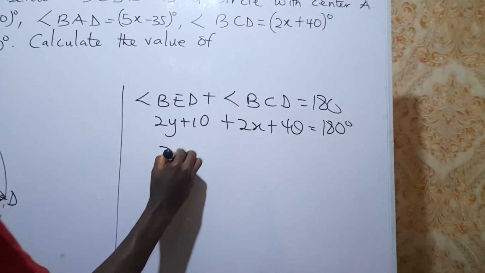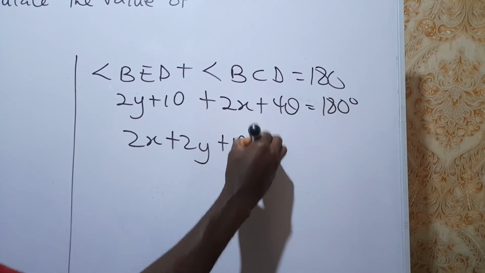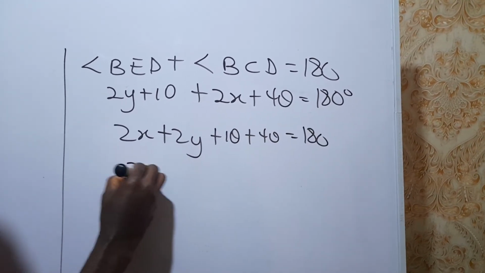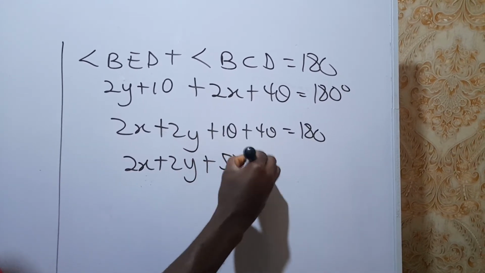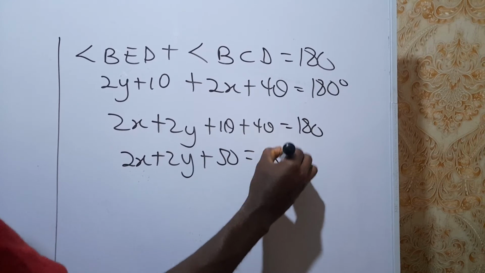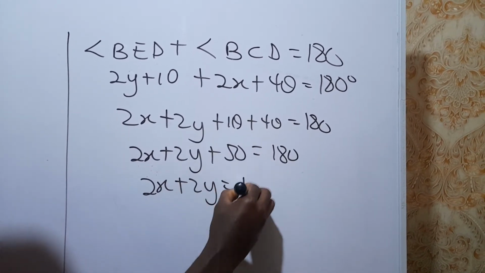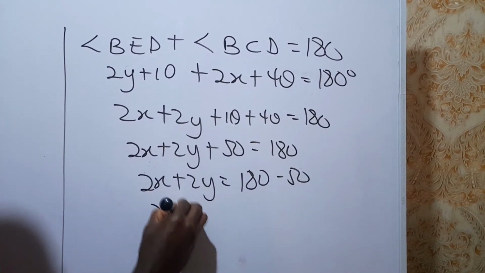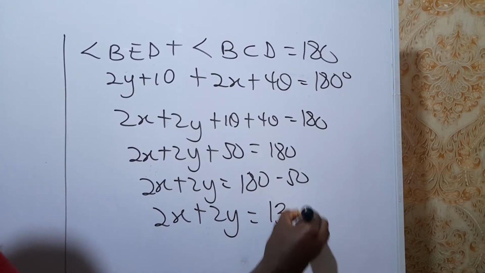We say 2x plus 2y plus 10 plus 40 will be equal to 180 degrees. So 2x plus 2y plus 50, since 10 plus 40 is 50, will be equal to 180. So 2x plus 2y will be equal to 180 minus 50. So our 2x plus 2y will be equal to 130 degrees.